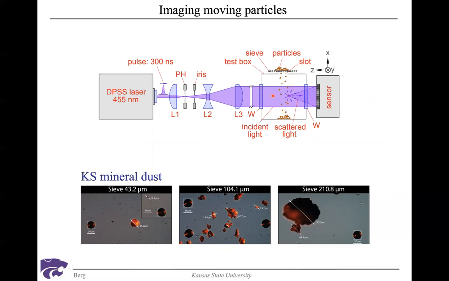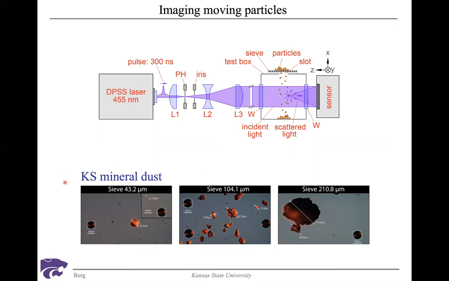When they do, if a pulse of light happens to be present, again, we get a nice hologram on the sensor, except now we can run the sensor at a frame rate of about 30 frames per second or so. In that sense, we can get a holographic movie. We can see these particles as they're passing through the beam and see how they move through it.